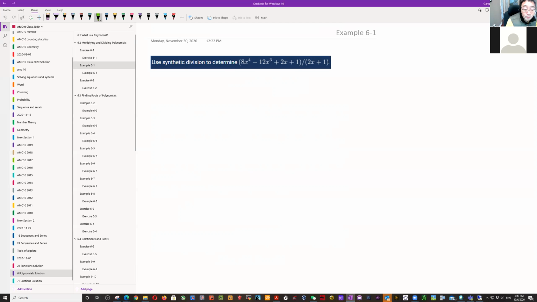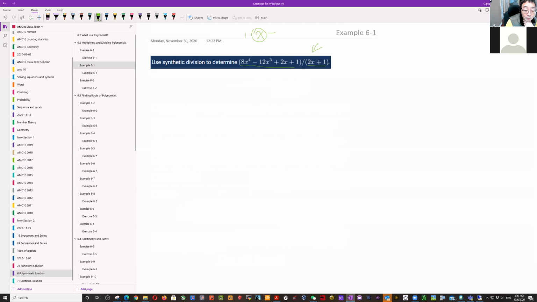When you divide this by this, synthetic division has one restriction: the divisor has to be monic. This is not monic. Monic means the x term has just 1 as its coefficient.